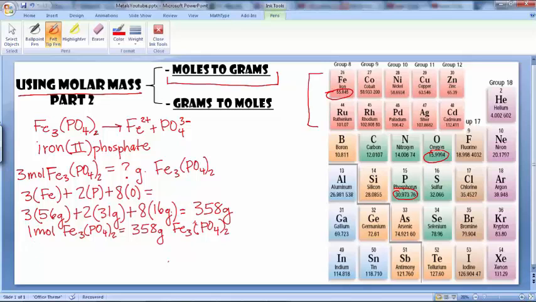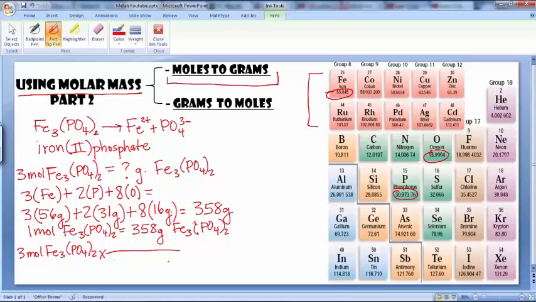Now, here comes the part that we wanted to solve for. So we have 3 moles of Fe3(PO4)2, and we want to convert that to grams.